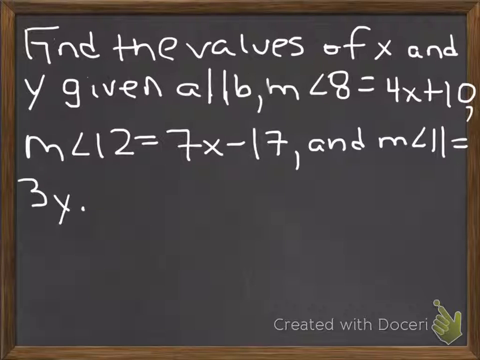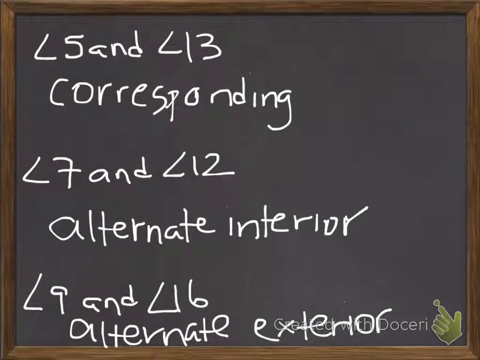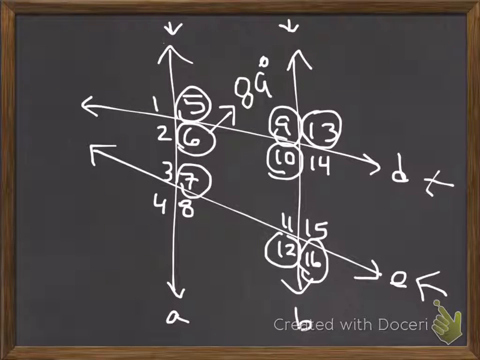And then, again, using the same figure, it gives us angle 8 is 4x plus 10, angle 12 is 7x minus 17. So let's see what they relate to be. Angle 8 and 12 are also consecutive interior.